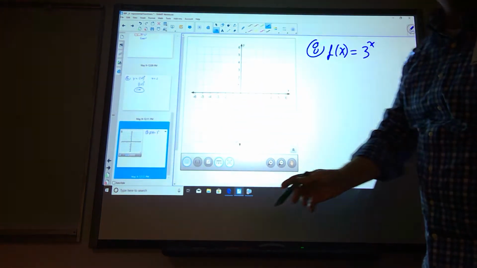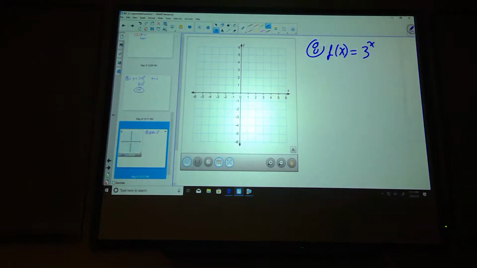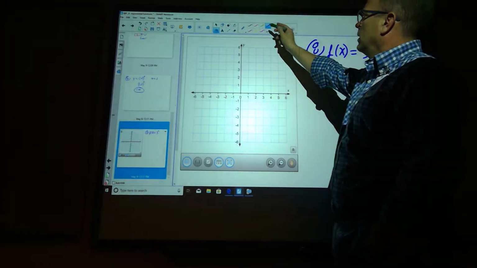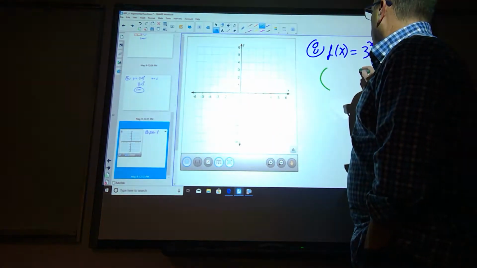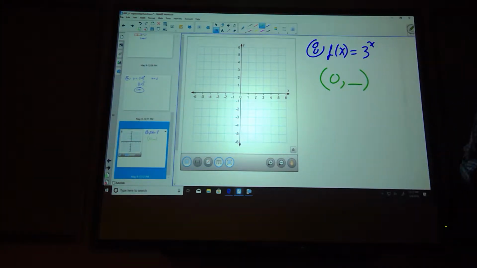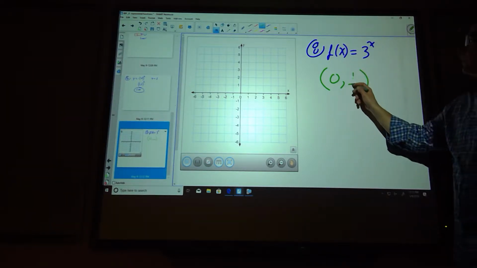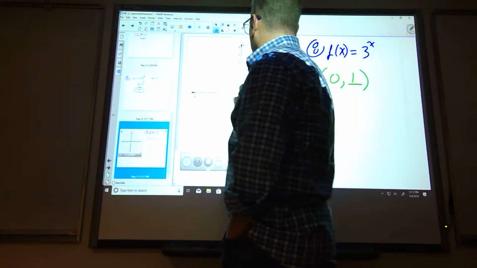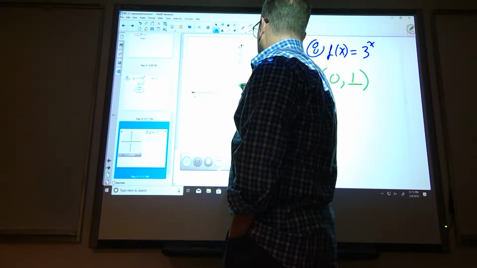It's exponential, agreed, because the x is the exponent. So I would think let's make 0 comma something a point. So 3 raised to the 0 power is 1. Okay. 0 comma 1.